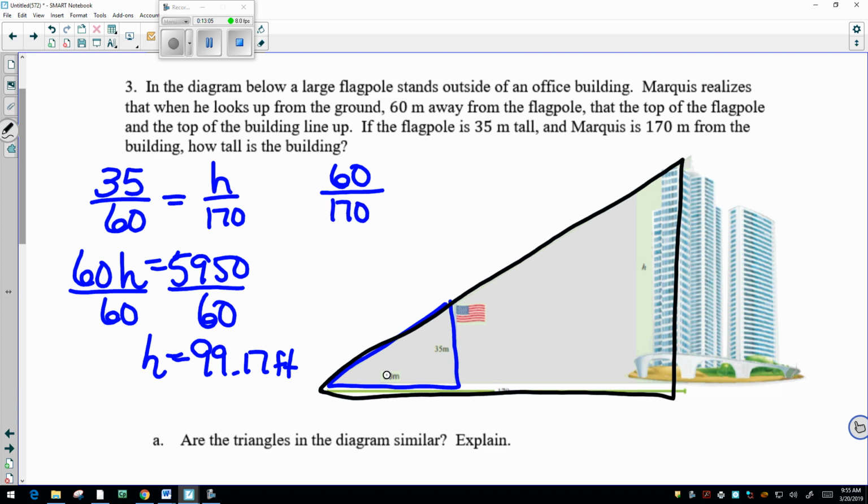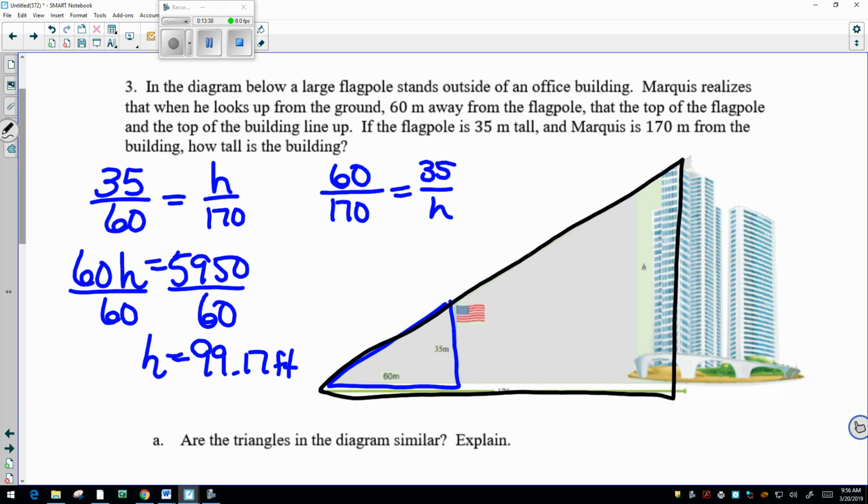So I did bottom side of the blue compared to bottom side of the black. Now I'd have to set that equal to vertical side of the blue and vertical side of the black. Notice what happens if we go to solve this. So different proportion, but what happens? Same stuff, right? So 60 times h, I get 60h. 170 times 35, I get the same thing. So you have multiple ways to set these up, because when you cross multiply, you're going to get the same answer.